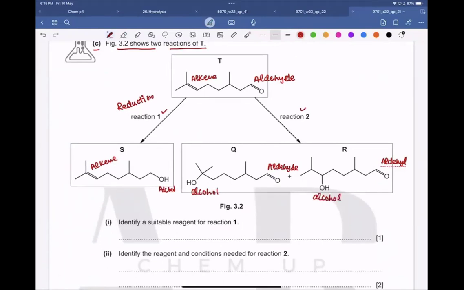So it helps me to identify that this is the reaction in which we have added steam, and it's an electrophilic addition. So one carbon got the hydrogen and the other carbon got the OH.